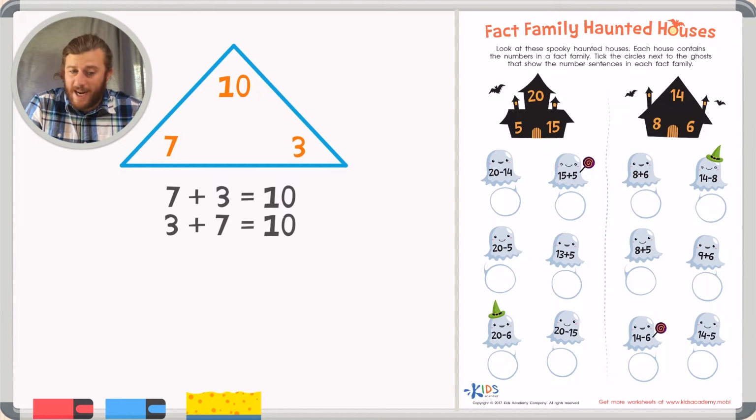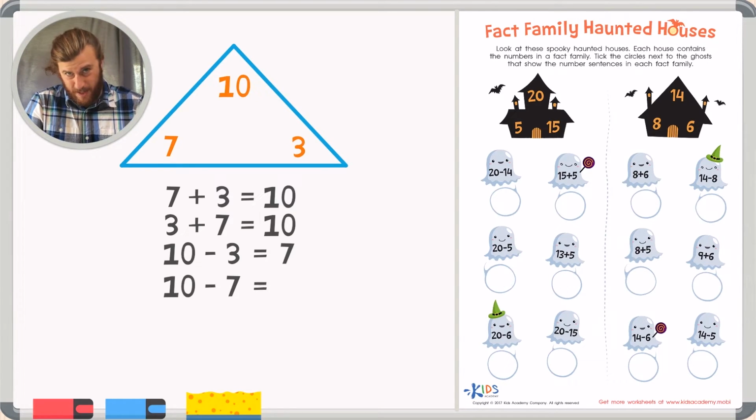We can also subtract. We can subtract 10 minus 3, and we'll get 7. And if we took 10 and took away 7, can you guess what the answer is? That's right, it's 3.